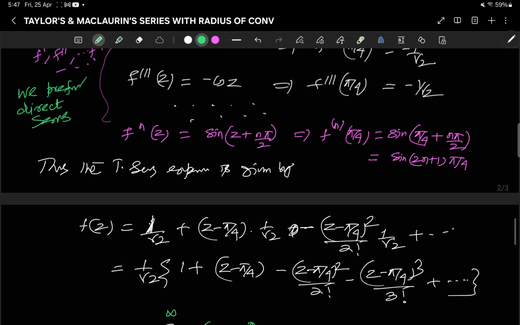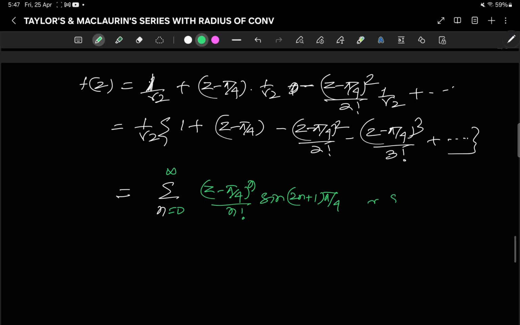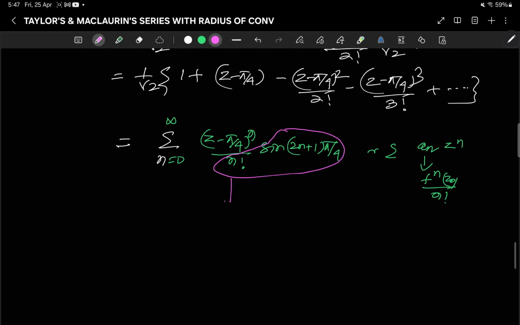Okay. So here sin((2n plus 1) pi by 4) is f^n(z0). So f^n(z0) by factorial n, it is of the form a_n (z minus z0) to the power n. a_n is f^n(z0) by factorial n. So this is my a_n here. Right. So what is my a_n? My a_n is sin((2n plus 1) pi by 4) by factorial n.